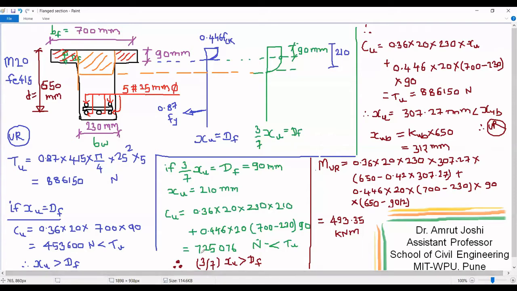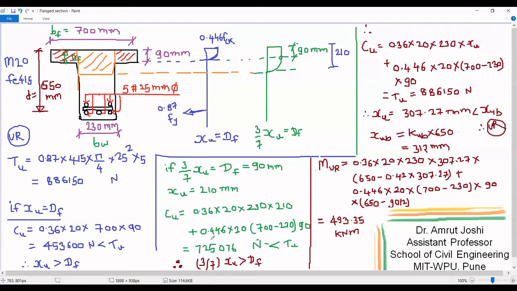The compressive force works out to be 725076 Newton, which is again less than Tu. Therefore, 3 by 7 XU must be greater than Df. In other words, we must have more area on the compression side, and therefore XU must be greater than 210 mm. That means 3 by 7 XU must be greater than Df.